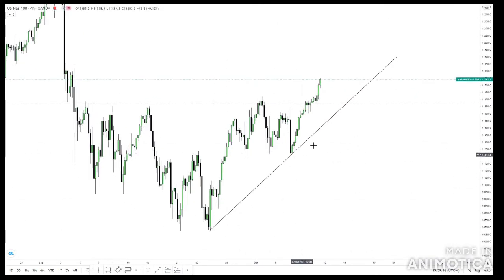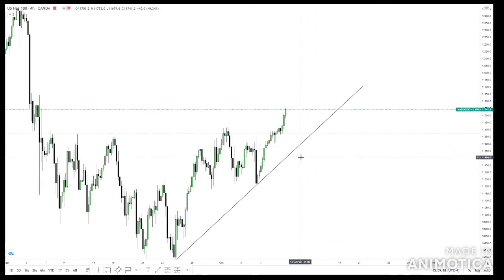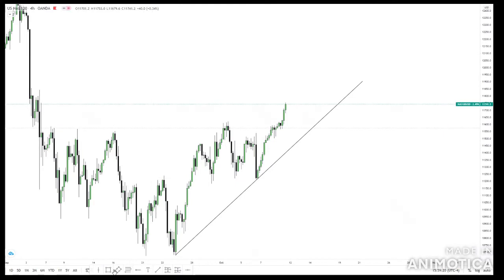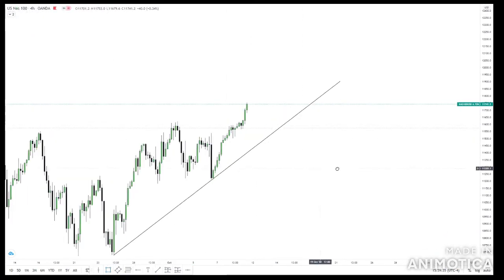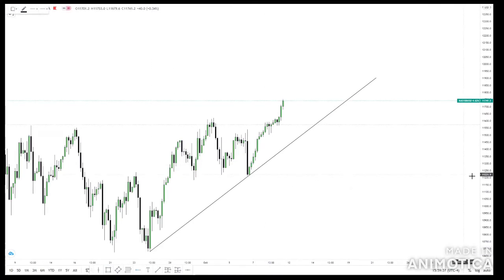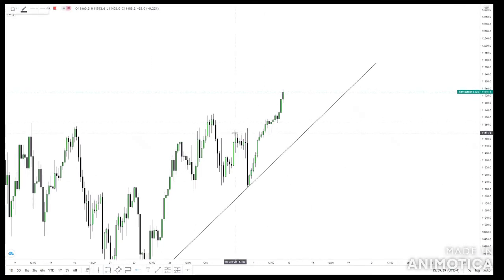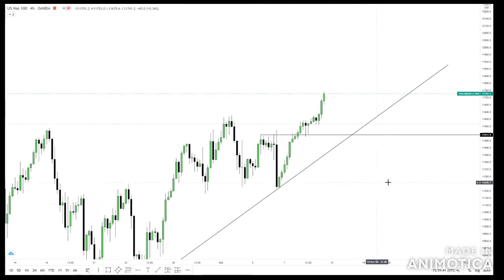So as you can see, we have this trend line right here, and we can see that Nasdaq broke this high right here, and also she broke this high right here. I just marked it out for you guys right here. This is on the 4 hours.